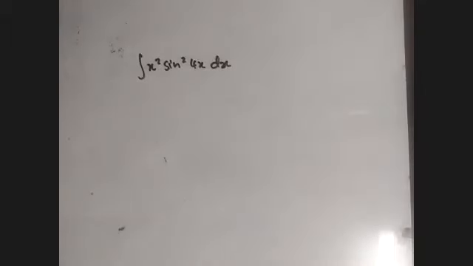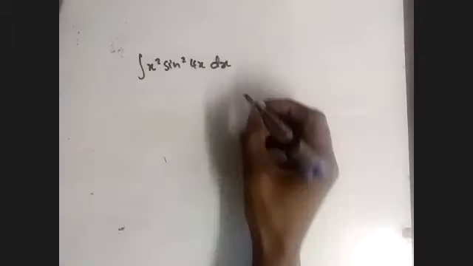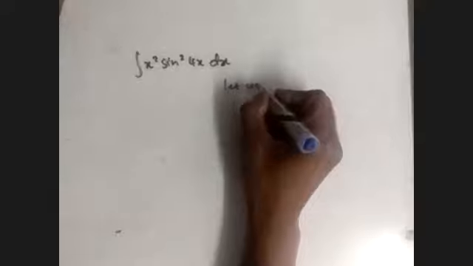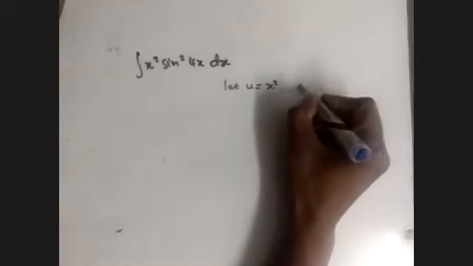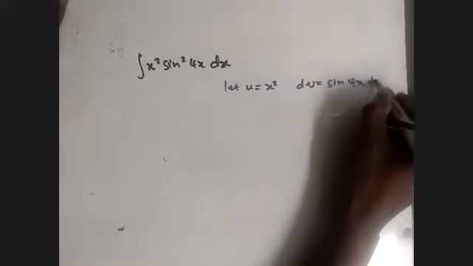So let us continue with this. I actually gave you a hint on how we're going to solve this. I don't know why I did that. But you're going to let u be equal to x squared, and we're going to let dv be equal to sine 4x dx.